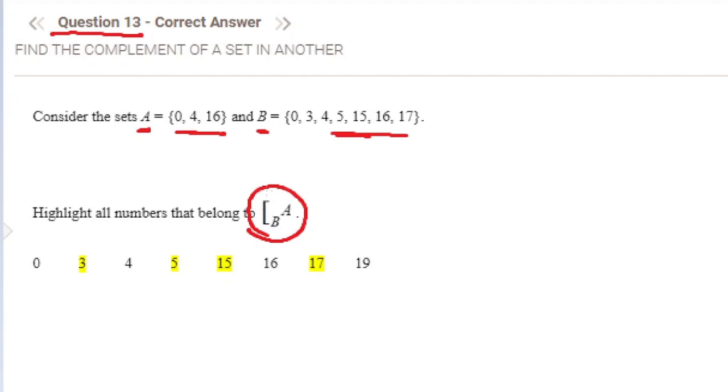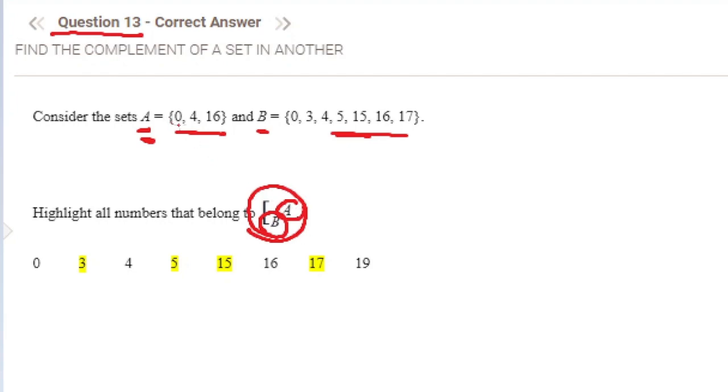That means he wants to know the numbers which are not contained in the other set. For example, here I have 0, 4, 16, which are here in set B also. This symbol means he wants to know the other numbers inside this set which do not belong to the other set.